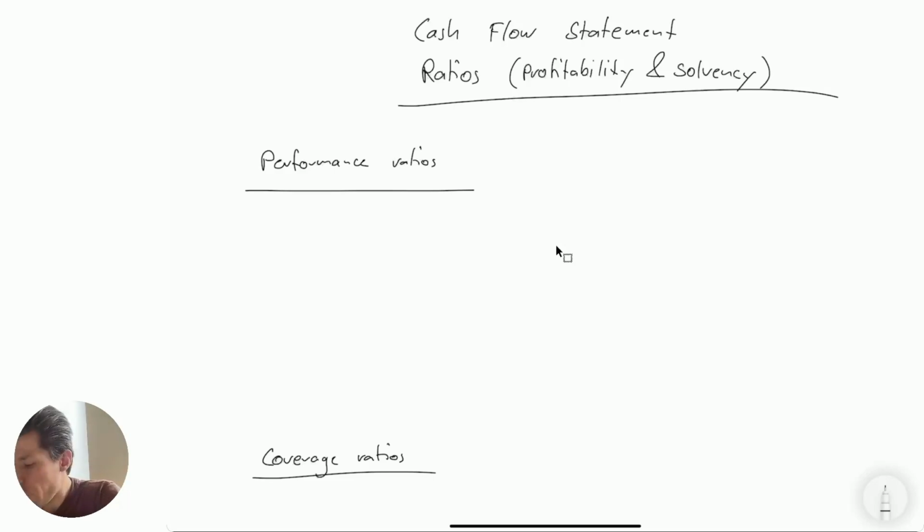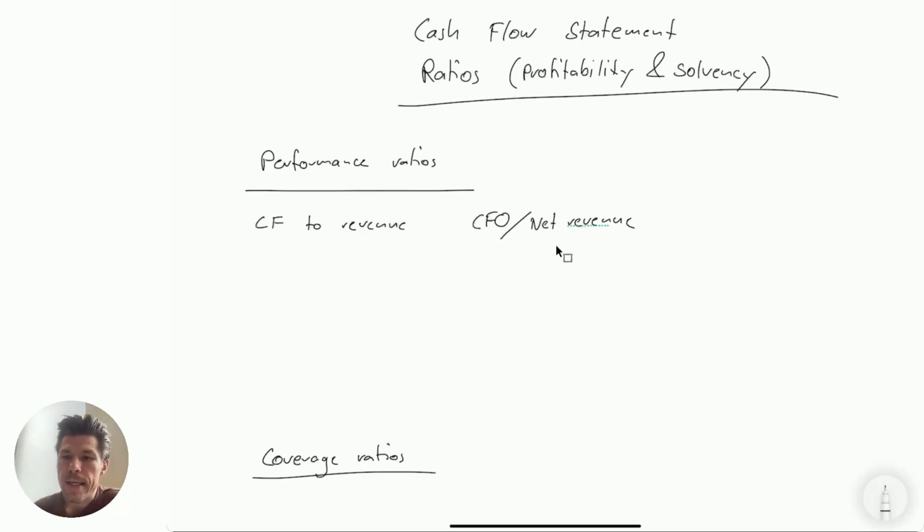So the first formula is cash flow to revenue. Very easy, CFO, cash flow from operating, divided by net revenue. Net revenue is the revenue or the cash that we have received from customers.